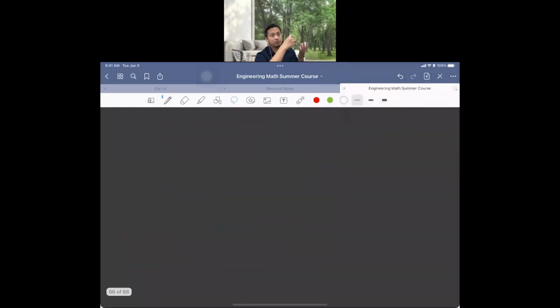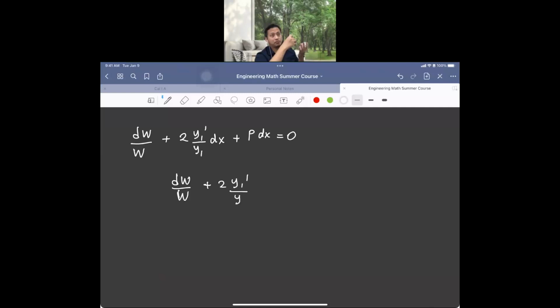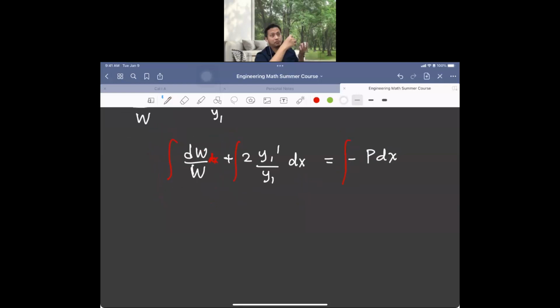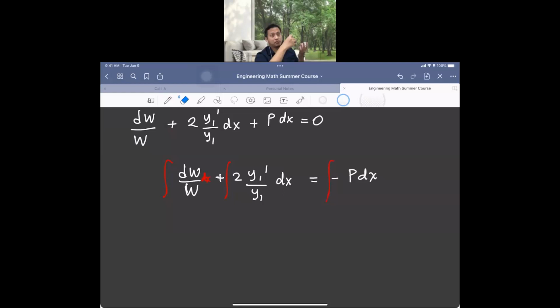Okay, let me go through copying this. And then integrate, or let me write, we integrate with respect to x.